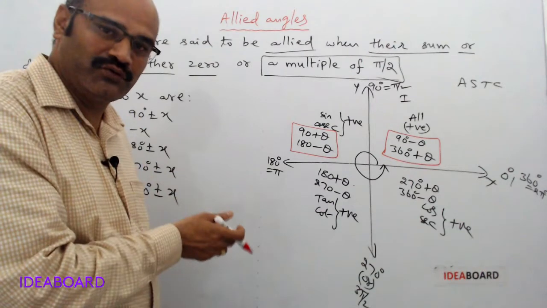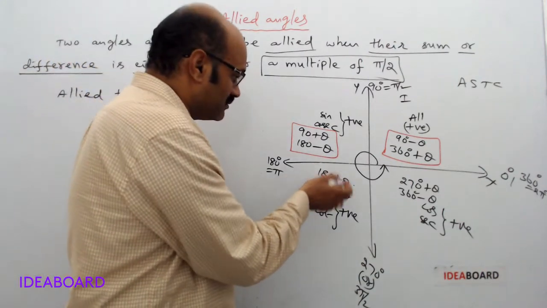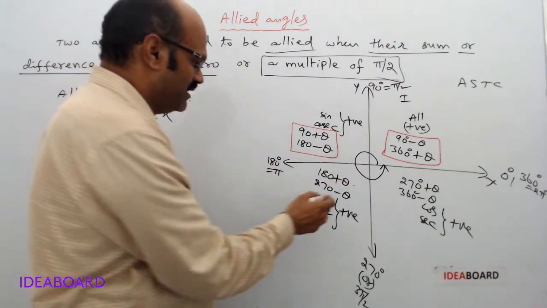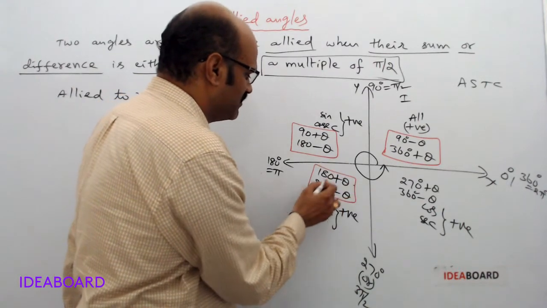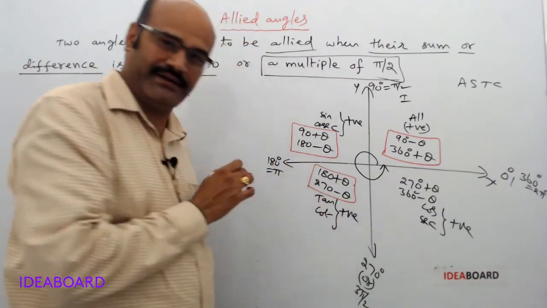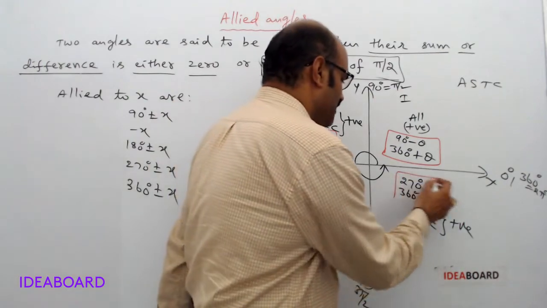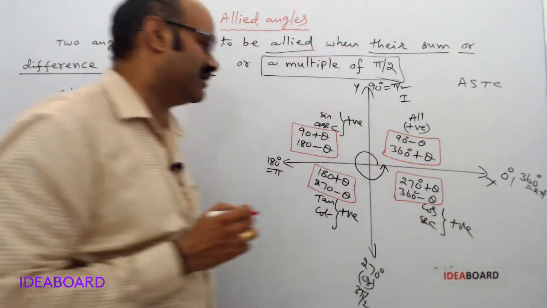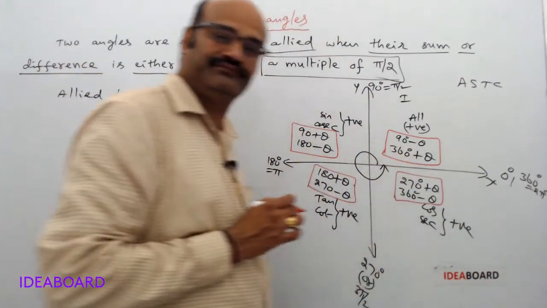Now we come to know which quadrant they lie in. Similarly, 180 plus theta and 270 minus theta lie in the third quadrant, and 270 plus theta and 360 minus theta lie in the fourth quadrant.